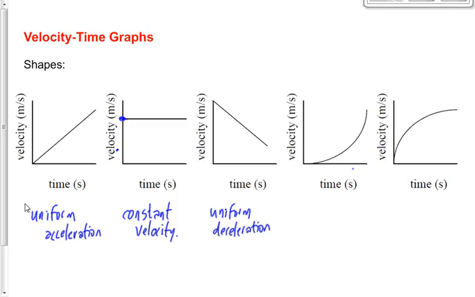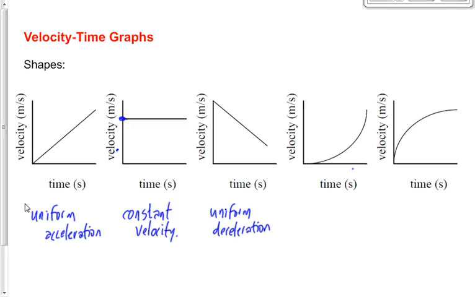It's kind of like you're driving your car, you're sitting at a stop sign in your car, you put your foot on the gas pedal just a little bit, and you speed up, right? And if you keep your foot on the gas pedal a little bit, you keep speeding up for a while. But if you keep putting your foot further and further down, not only do you keep speeding up, but the rate at which you speed up keeps getting bigger. You keep speeding up quicker and quicker.